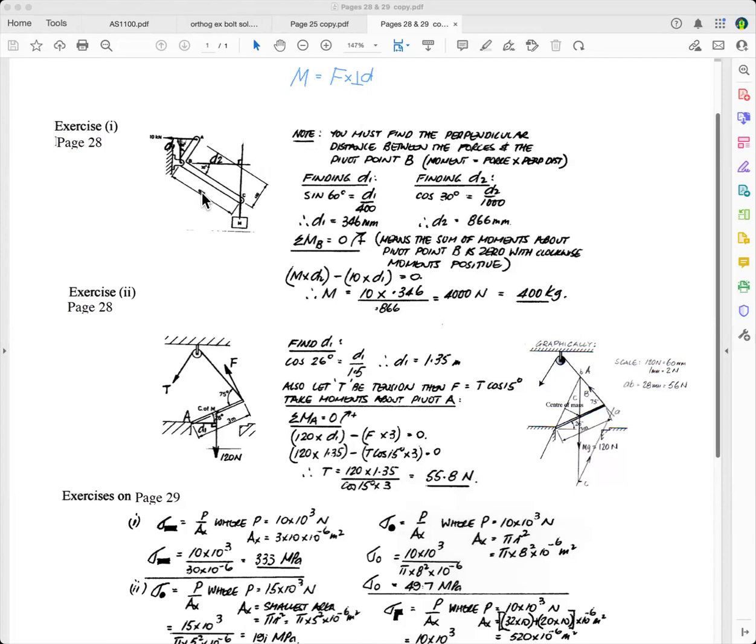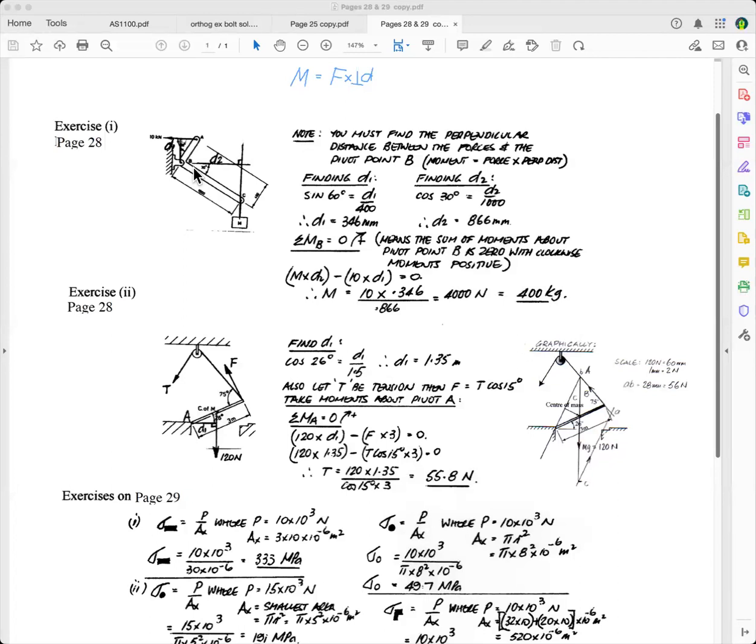So see this here, they've given you those distances there, that distance there, which I can't see, and these angles here. And if you open your book at page 28, you'll be able to see those distances there.